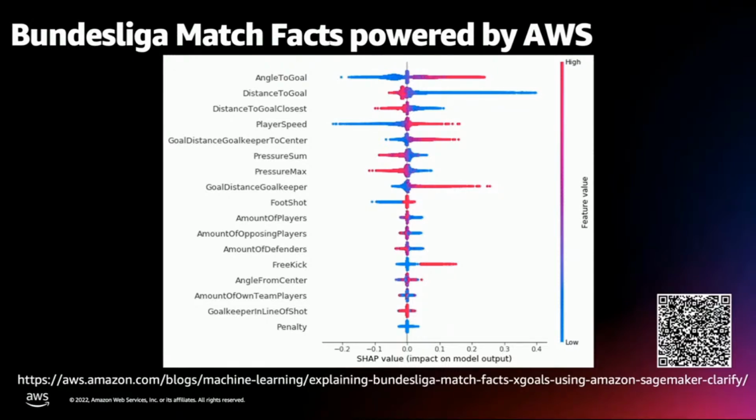Okay, so then if we look at the actual Shapley values based on the horizontal axis, we could see that the red dots, which correspond to higher angles, larger angles to goal, relate to the higher SHAP values. And that makes sense, because what this explanation is telling you is that the higher the angle, the more important that feature becomes in determining whether the goal will be scored or not.